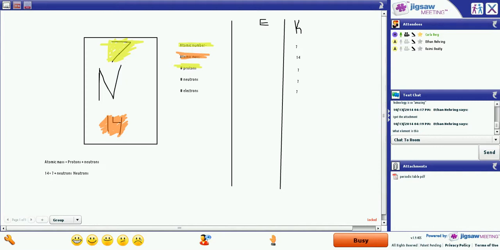In this case, the neutrons is equal to 7. It's not always going to work out that way. And of course, the element that I picked, it did. And we know that atoms usually have the same number of electrons as protons.